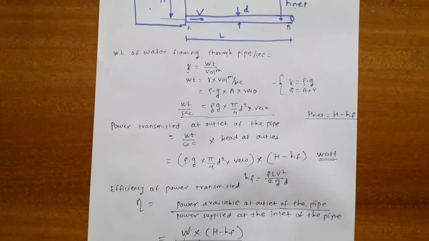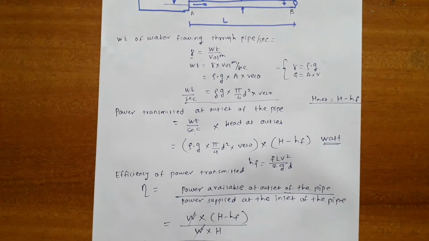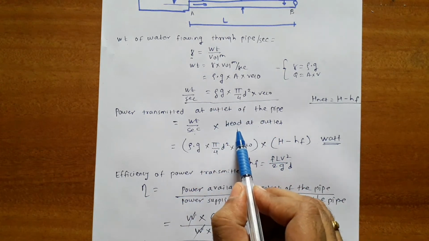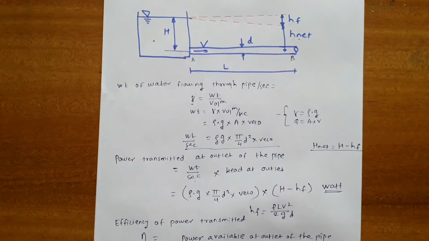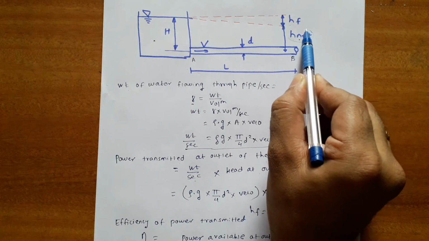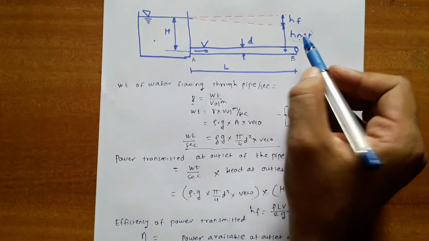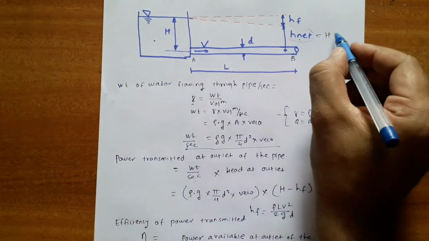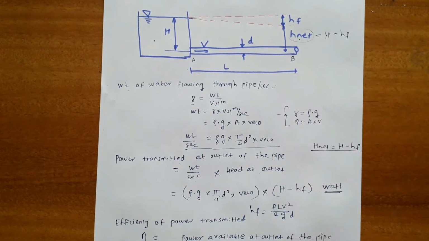Now the next part is power transmitted at the outlet of the pipe. The power transmitted depends on the weight of water flowing through the pipeline and the head available at the outlet. We have already calculated the weight per second value, and the head available at the outlet is H net, whose value is the total head available in the tank H minus head loss HF.